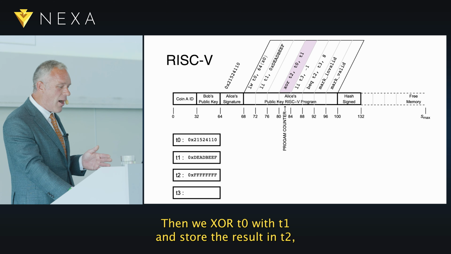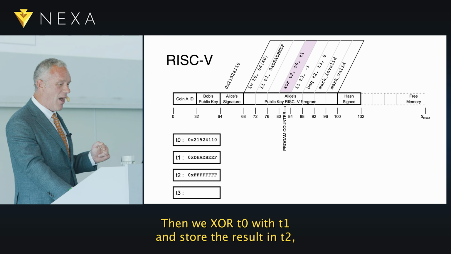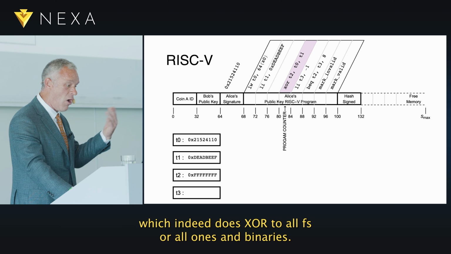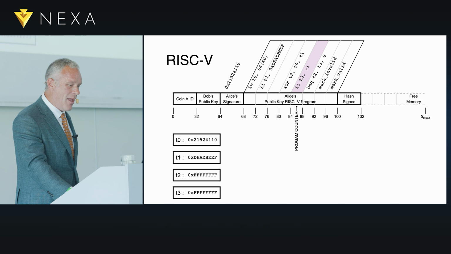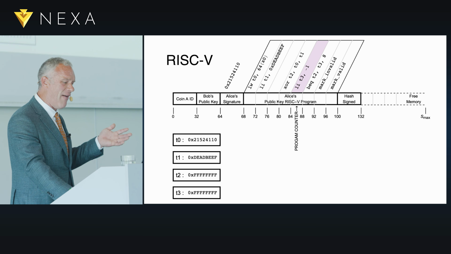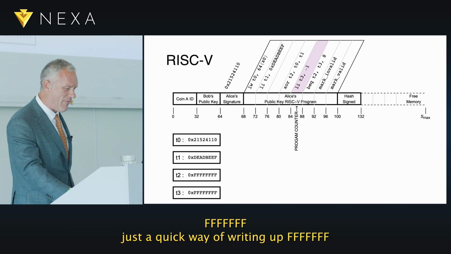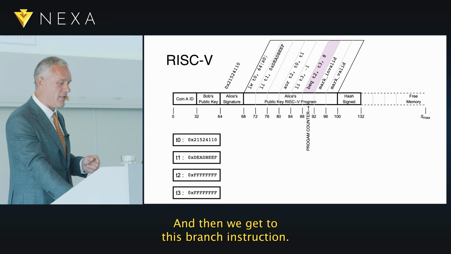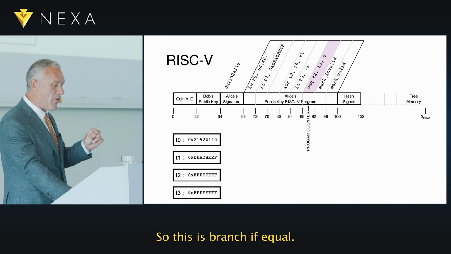Then we XOR T0 with T1 and store the result in T2, which indeed does XOR to all Fs, or all ones in binary. And then we load the T3 register with -1, and -1 is just FFFFFFFF. It's just a quick way of writing FFFFFFFF. And then we get to this branch instruction. So this BEQ is branch if equal.